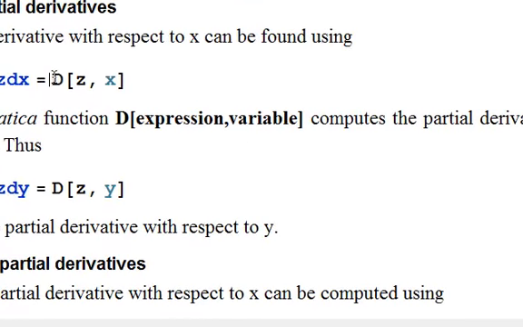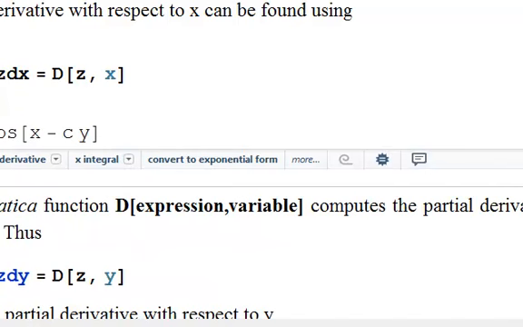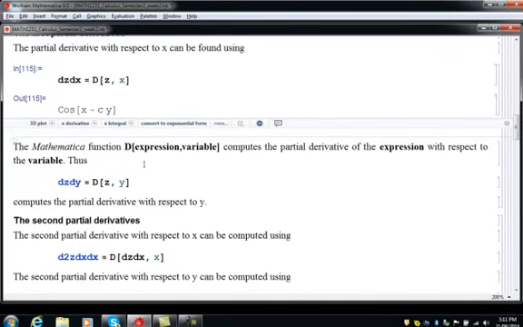And now we can find the partial derivative with respect to x using this function here. So D is the mathematical differentiation function, and it differentiates the quantity z we've defined up here with respect to x, partially. And you can see that that just gives the cosine of x minus cy.